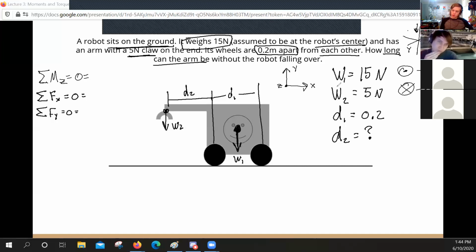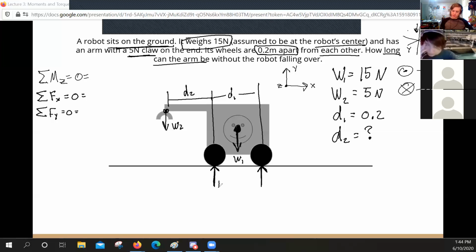When we're looking at moments specifically, we need to put forces where they're actually being applied. The part of the robot that is touching the ground is its wheels, right? So our normal forces are actually going to be applied at our wheels. And there we go.